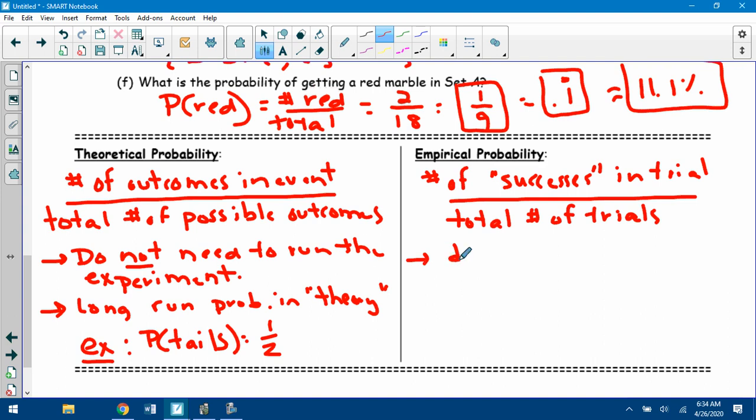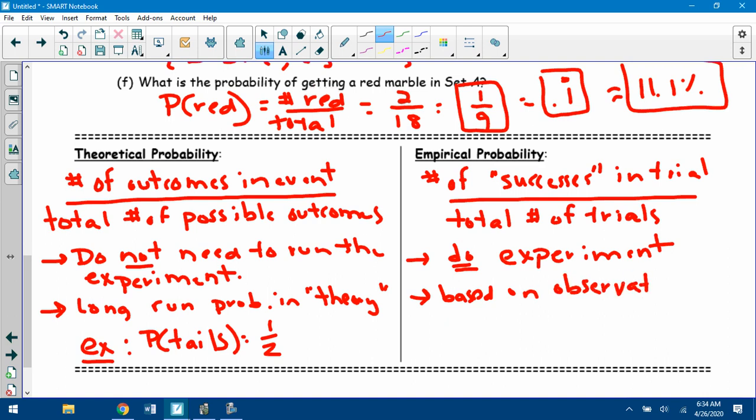This is when you actually do an experiment. And this is strictly based on observations. It's not theoretically what should happen at all. We would hope that if I do enough trials that it would be close to a theoretical probability.